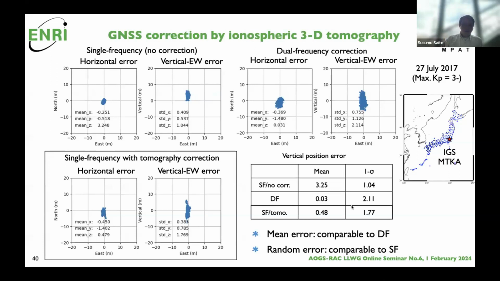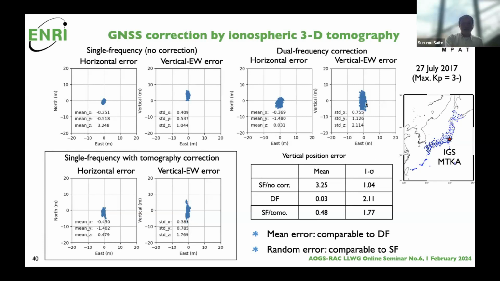That means the position is estimated higher. It's a bit opposite to the intuition, because the ionosphere delays the propagation, but after estimation, the vertical position error appears positive. And this is mainly due to the ionosphere.